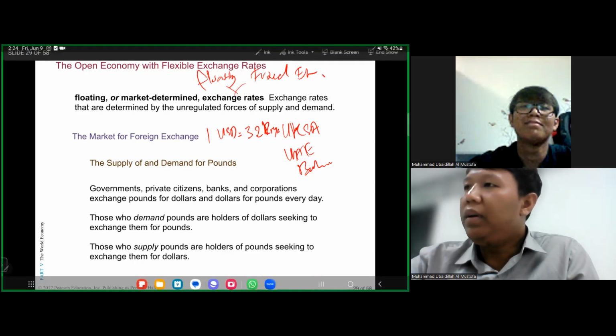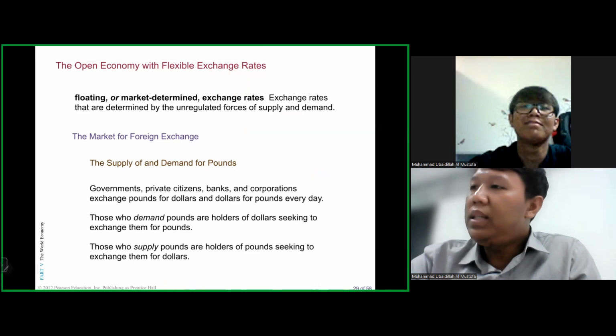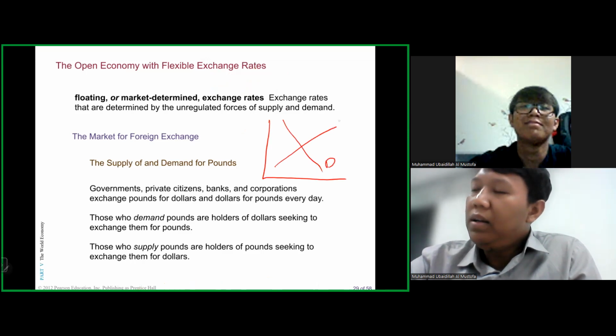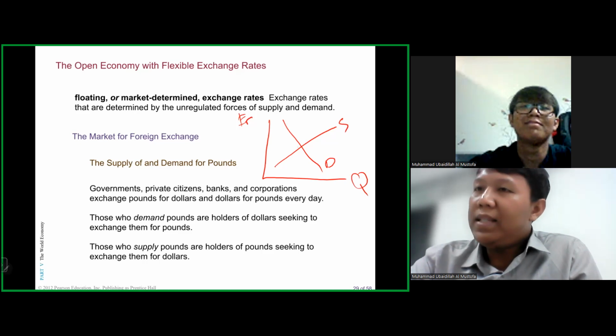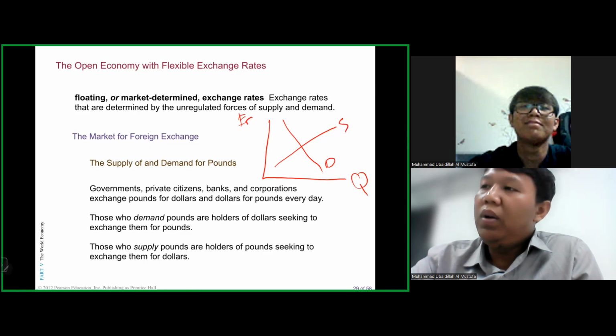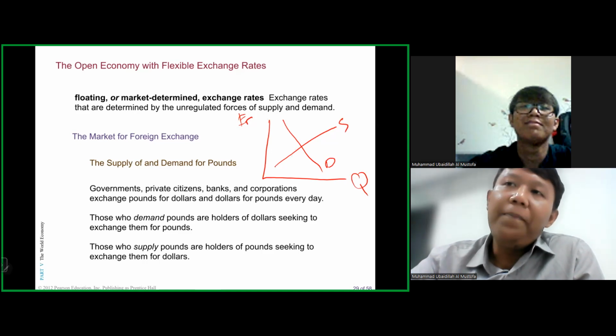So I will draw. This is the supply and demand model, and the y-axis here represents the exchange rate, and the x-axis here represents the quantity. So if the exchange rate, the price of our local currency increases, this will lower the demand and this will increase the supply.